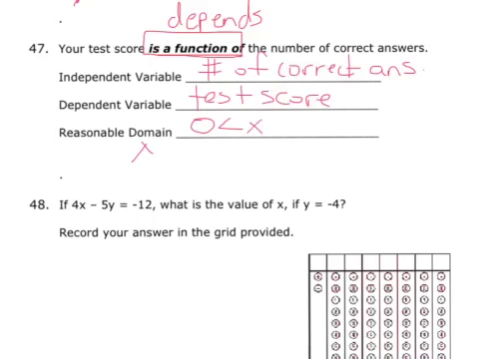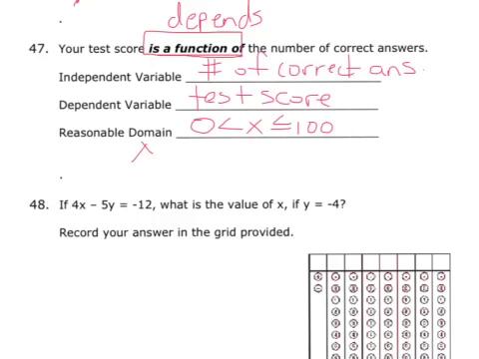And the number of correct answers, we could say we have a 100 question test, so you could get all of them right. So it could be equal to the 100 correct answers. And that's a reasonable test. You could have a test that's more or less, but basically we're looking for something between 0 and some reasonable number of test questions.